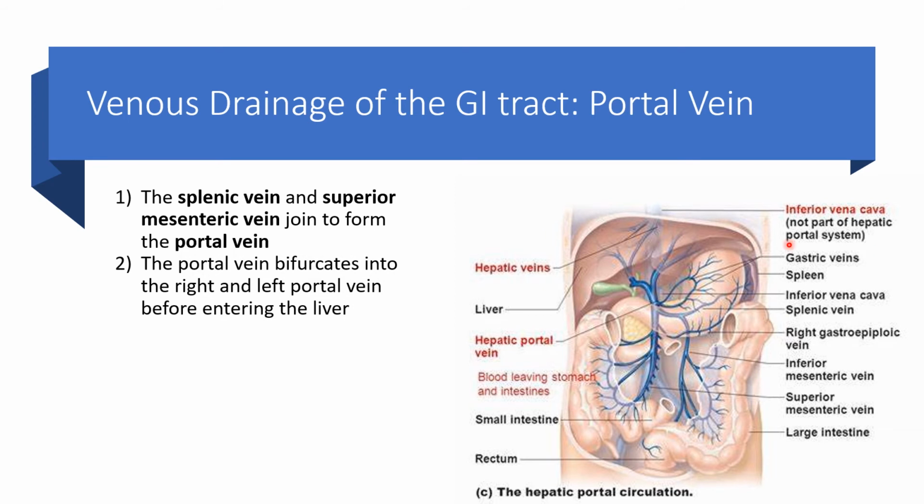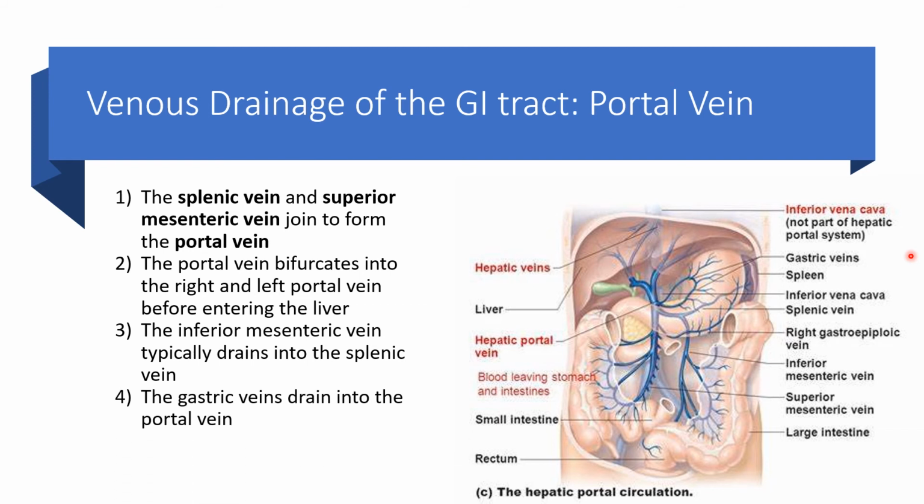The portal vein bifurcates into a right and left portal vein branch before entering the liver. The inferior mesenteric vein typically drains into the splenic vein. The gastric veins, and when I say gastric veins, they typically mean short gastric veins, drain into the portal vein.